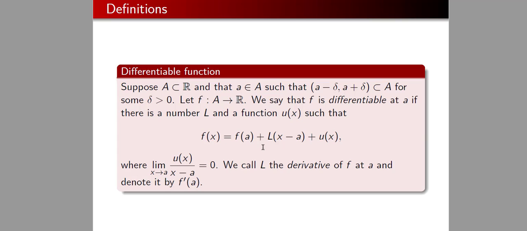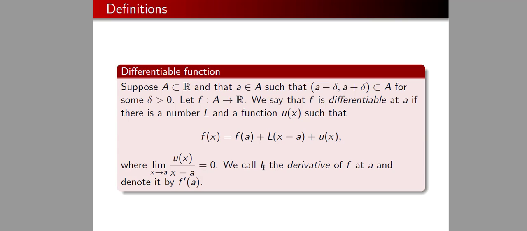Okay, so in other words, our function f is linear with a nice error function. So this u of x over x minus a, its limit will be equal to 0 as x approaches a.